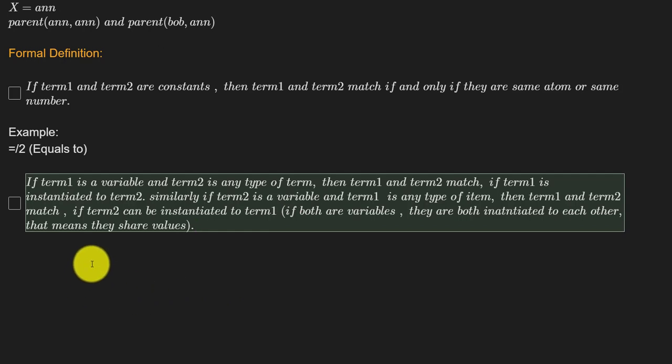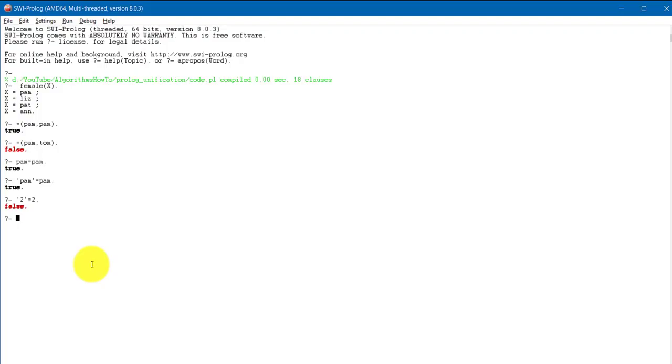So let's go back to our Prolog environment. Now if I say PAM equals X, on the left hand side we have term 1, which is an atom, and on the right hand side we have term 2, which is a variable. So we are dealing with rule number 2. If we can instantiate X with PAM, then these two will match. That is what Prolog is finding out.